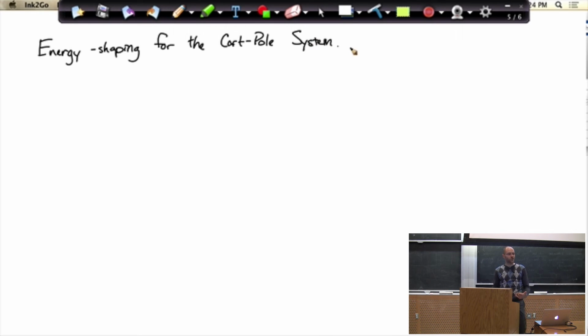The equations of motion for the cart-pole aren't too bad. I'm going to just arbitrarily set all the parameters equal to 1 so that I have less writing to do, but it's not going to affect any of the details. And just because it makes things a little easier, I'm even going to set gravity to 1. I normally don't do that, but it makes a couple terms drop out, so it's less writing.